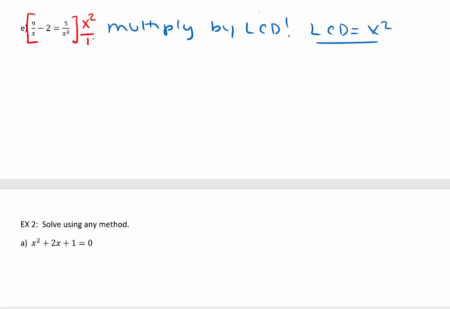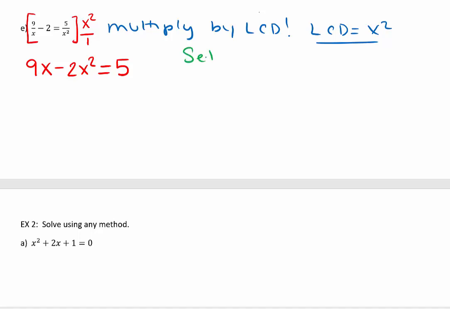So 9 over x times x squared, one of the x's cancel, and you're left with 9x, minus 2 times x squared, equals 5 over x squared times x squared. The x squareds cancel, and we're left with 5.